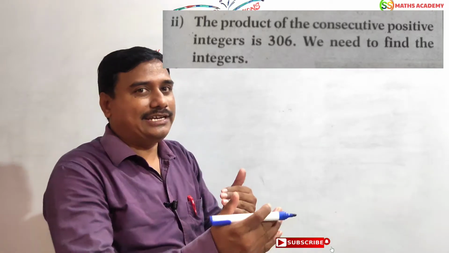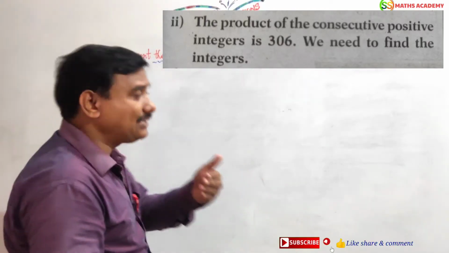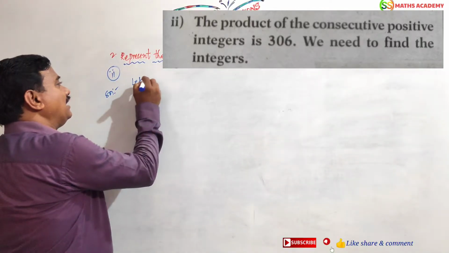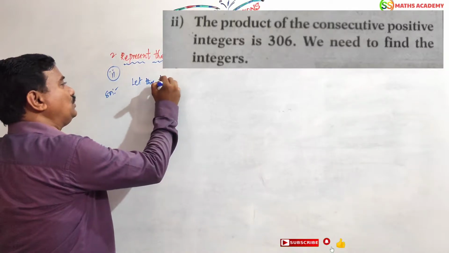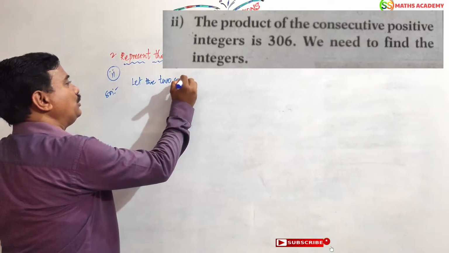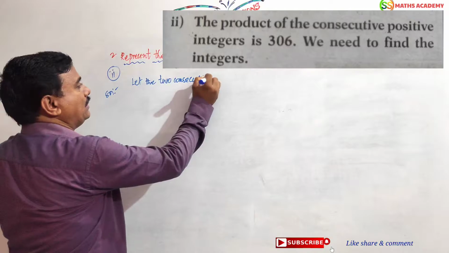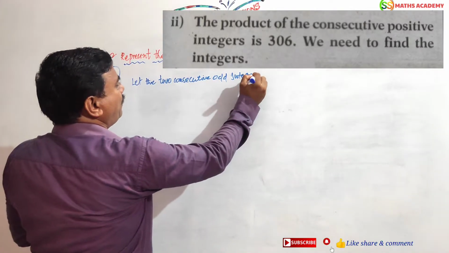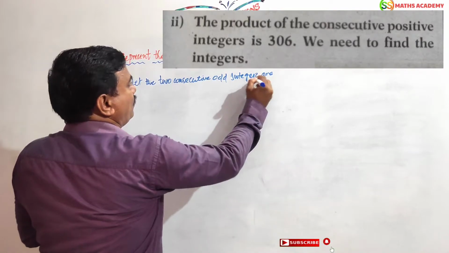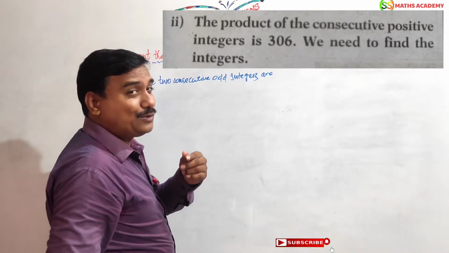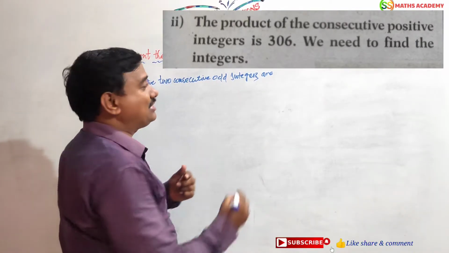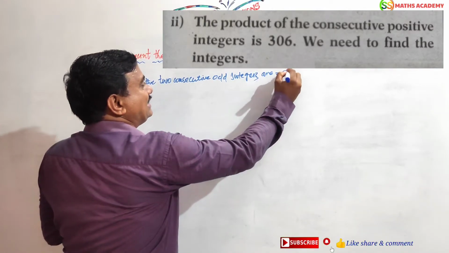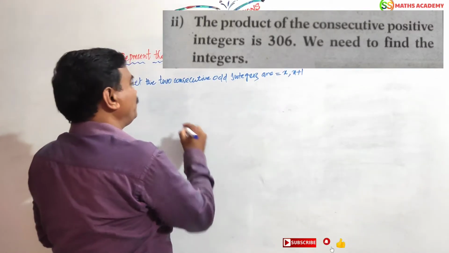Yeah, near by near, side by side numbers. Let the two consecutive odd positive integers be x comma x plus 1.